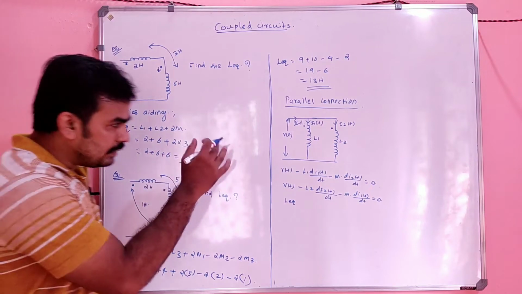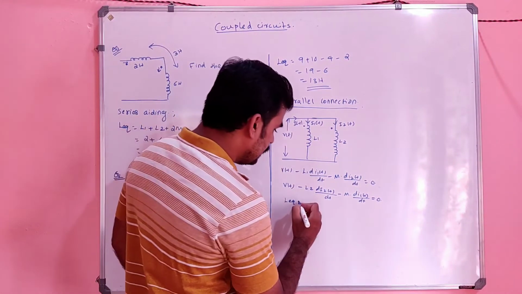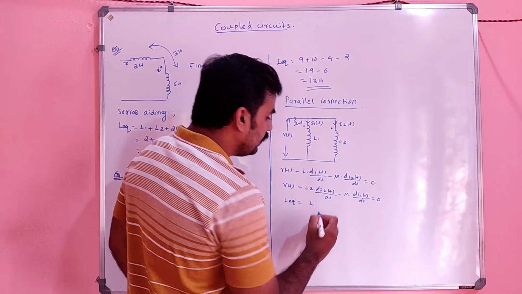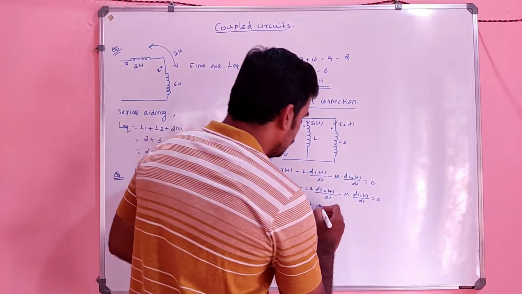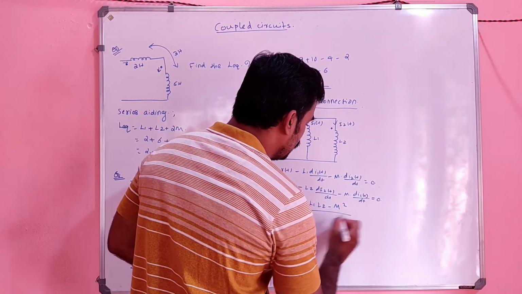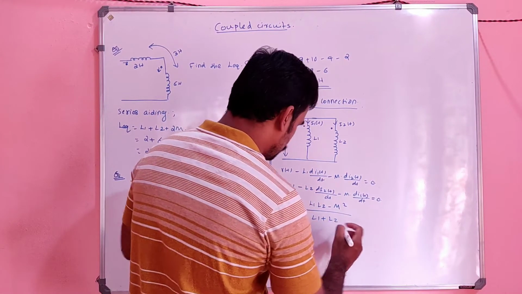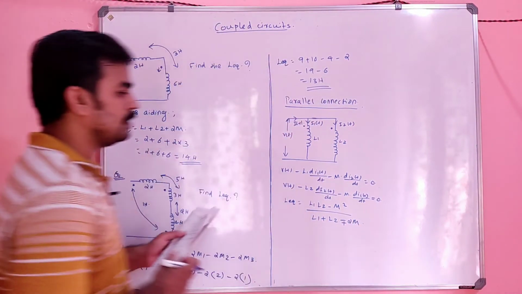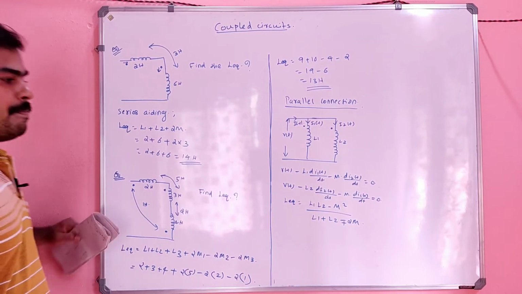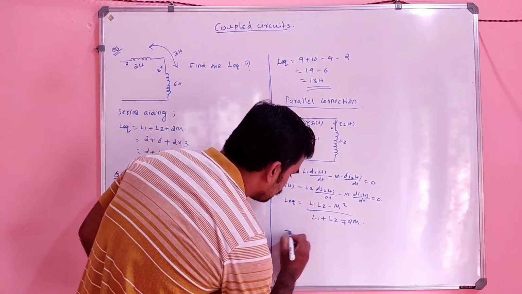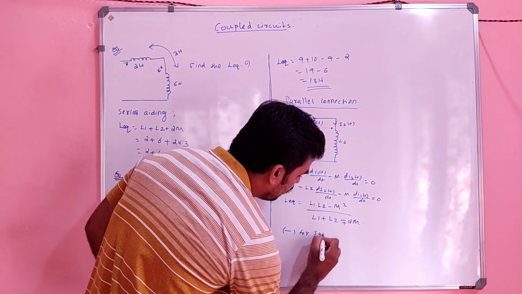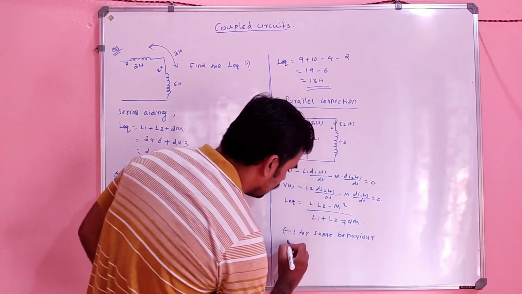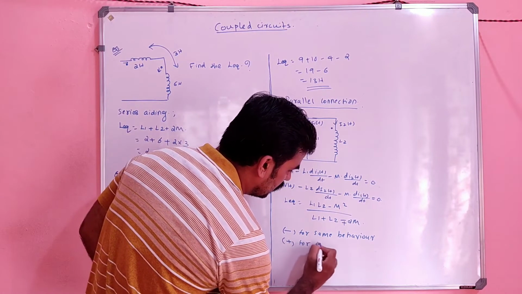In this parallel connection also, there is an equation for L equivalent, which is L1 L2 minus M square, whole divided by L1 plus L2 minus or plus 2M. Minus for the same behavior and plus for opposite behavior.